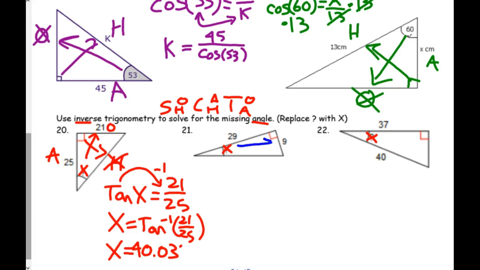Same thing here. We've got to label O, H, A. This time I don't need H. So OA is TOA. Tan X equals O over A, 9 over 29. So again, tan goes to the other side, but it becomes inverse.